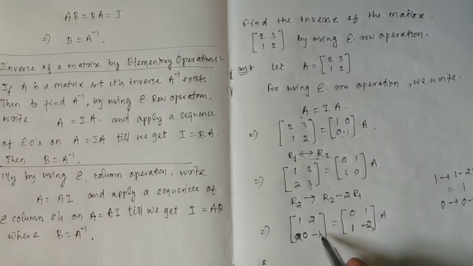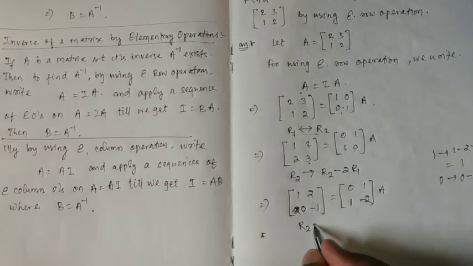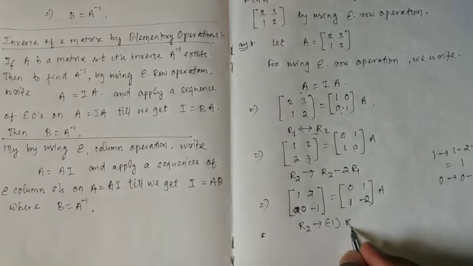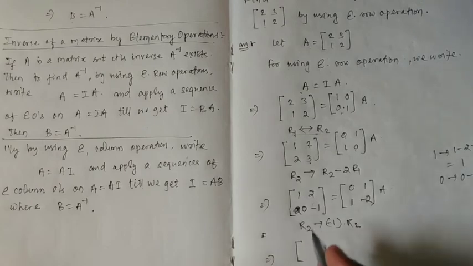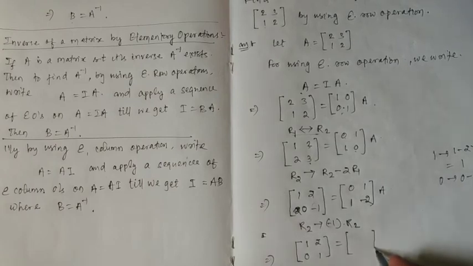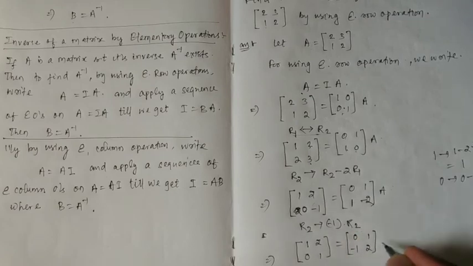Next we have to convert this minus 1 into 1. So R2 replaced by minus 1 times R2, we get 1 2, 0 1, and on this side 0 1, and 1 becomes minus 1, and minus 2 becomes plus 2.